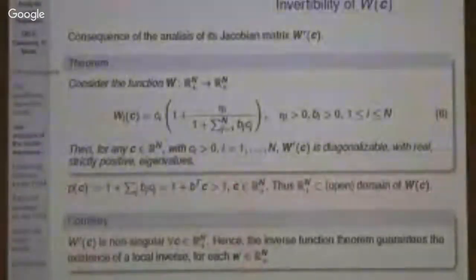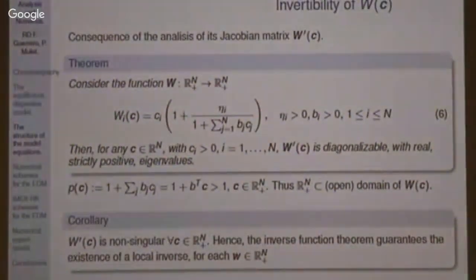Okay, so let me tell you a little bit about how we attack this invertibility of the function that allows you to go to the conservative formulation. All this is a consequence of the analysis of the Jacobian matrix, okay?